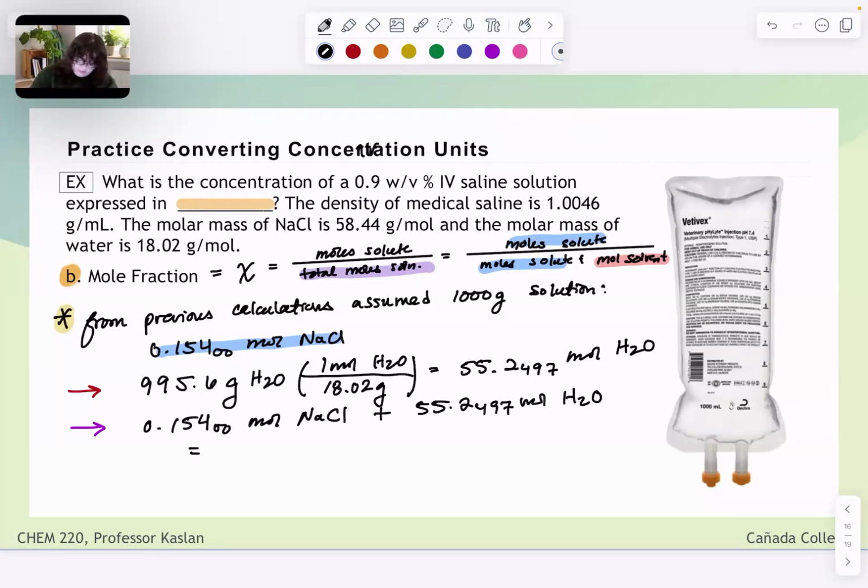Plus 0.154 gives me 55.4, and I'm going to be limited here to that sig fig. So we'll do 55.404, keeping a couple digits that are non-significant to avoid rounding error. So 55.404 moles of solution in total.